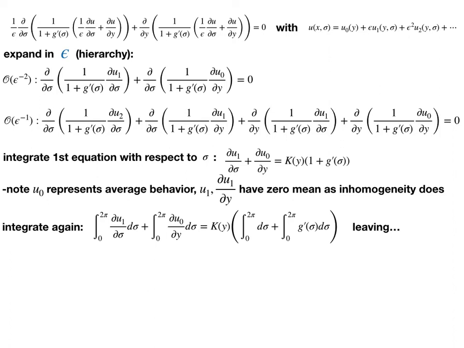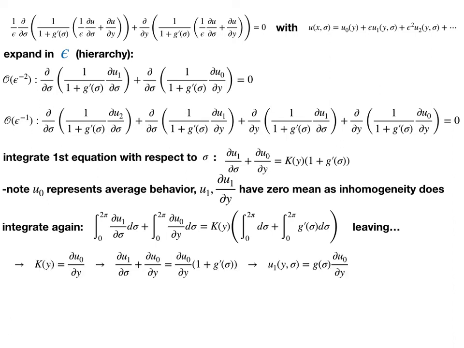Okay, and also we know that g prime of sigma has 0 mean. So if we integrate that over the period of the inhomogeneity, then it should vanish. Okay, so when we do that, we just have this equation k of y equals du0 dy.